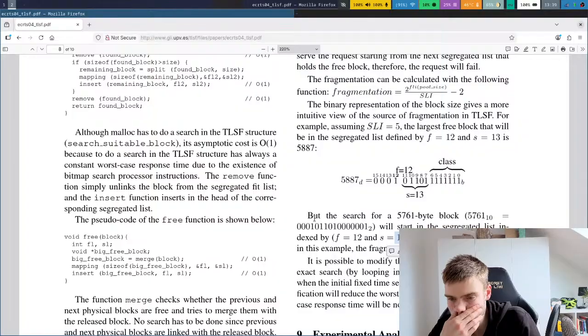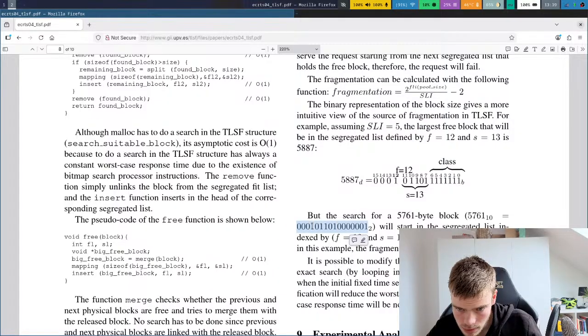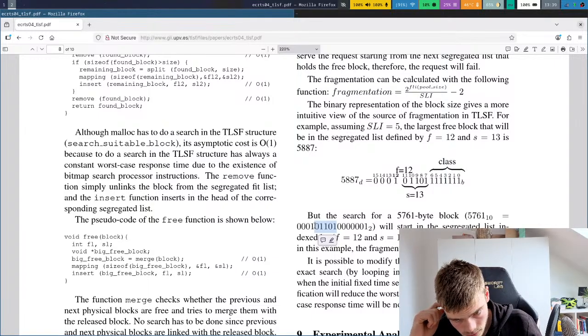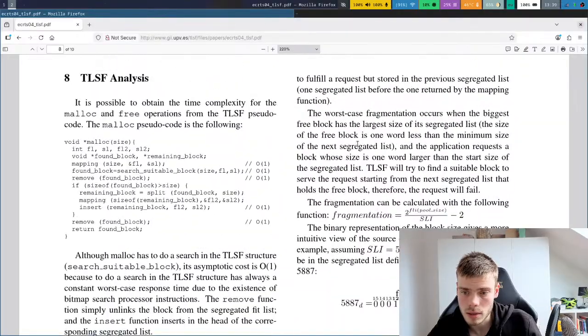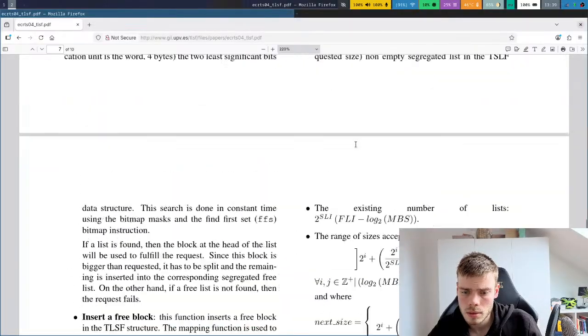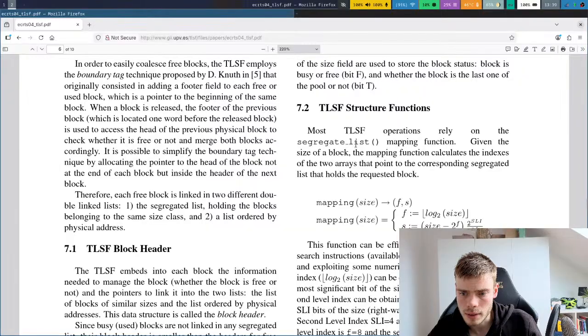S is equal to 14. Why would it be 13? Second level. This.